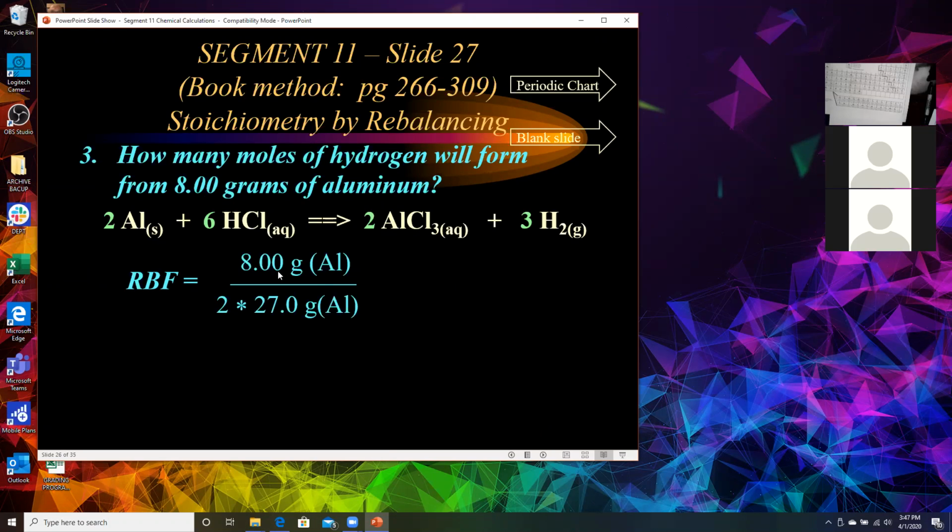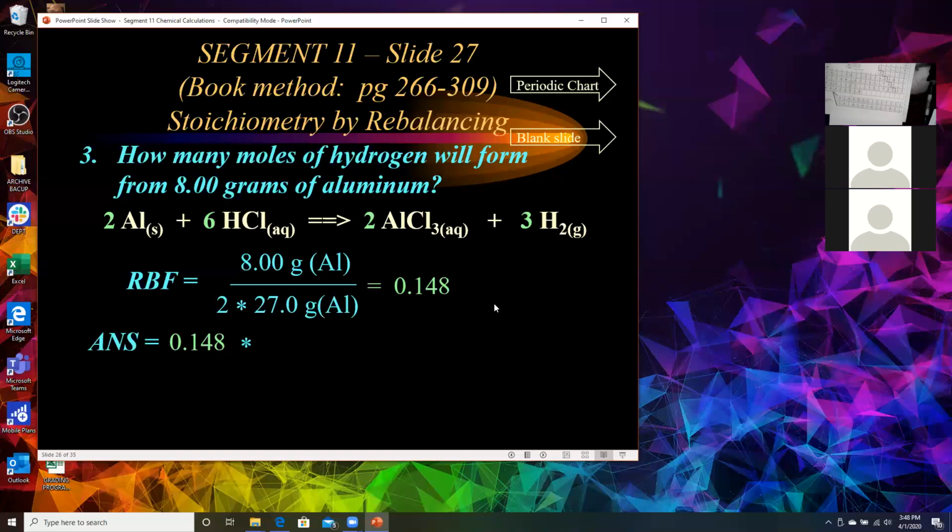So there is the amount of aluminum, given in the unit given in the problem. My rebalancing factor is 0.148. Now, what do we do with that? We're going to multiply that through the entire equation.